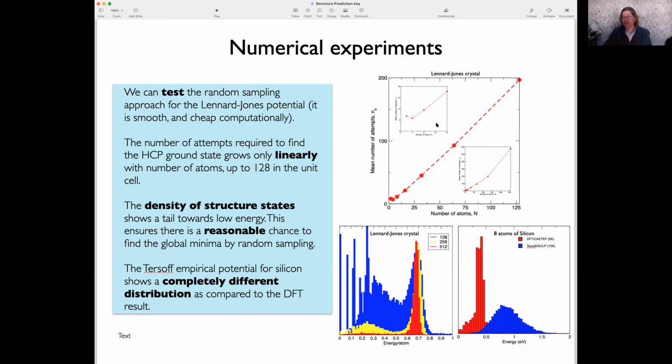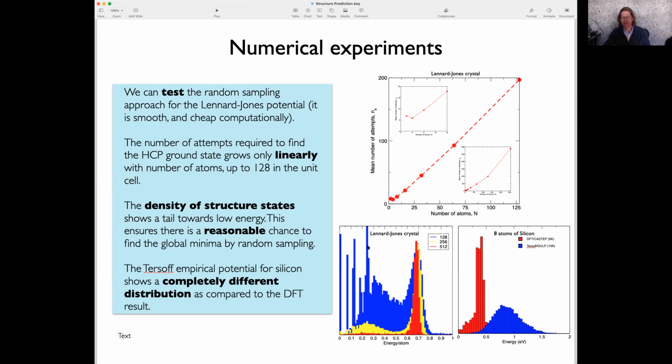But for the number of atoms that we're interested in for crystal structure prediction problems, we're in a relatively good place here. What I plotted here is a density of states of structures. For energy above the ground state for the Lennard-Jones, I calculate how many times I find structures of different energies. For the 128 atom example, you can see there's a very large peak for the ground state, so it's very easily finding the ground state.